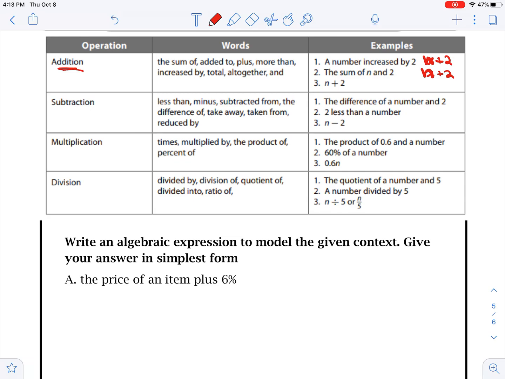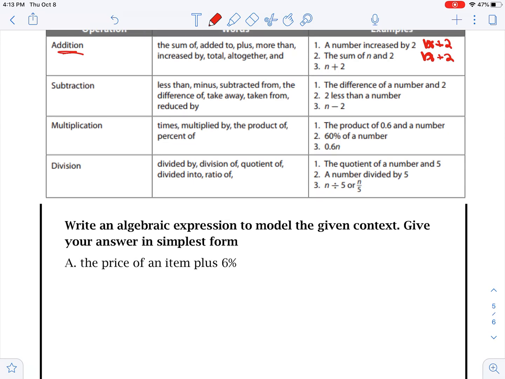So we want to pay attention to it. Okay, so the price of an item plus 6%. So plus means addition. So we say the price of an item plus 6%. So we could say that as 0.06.